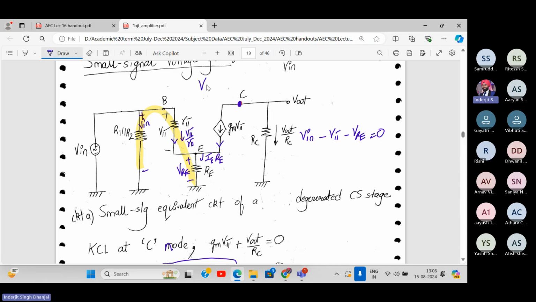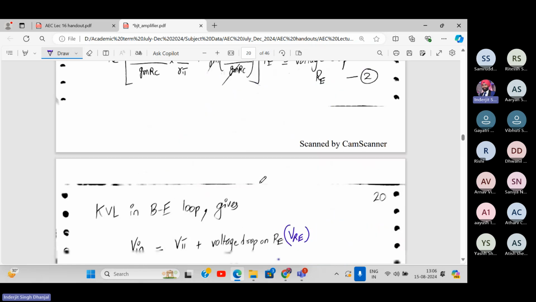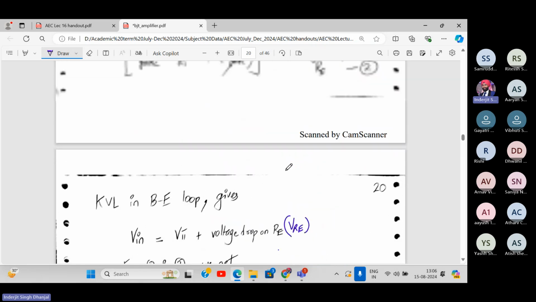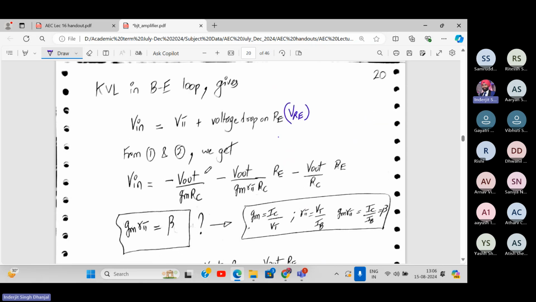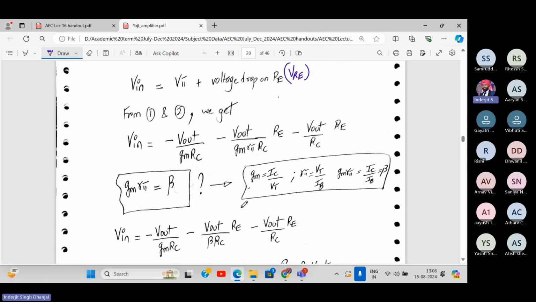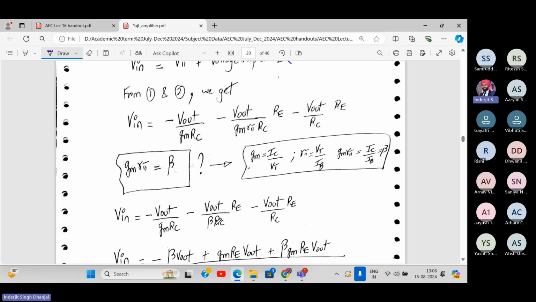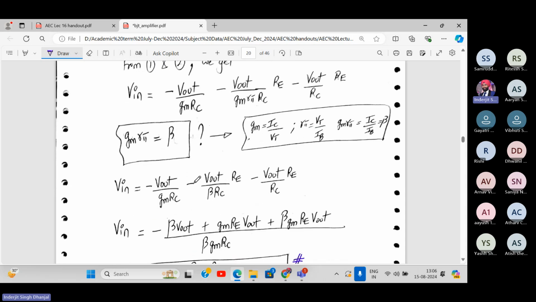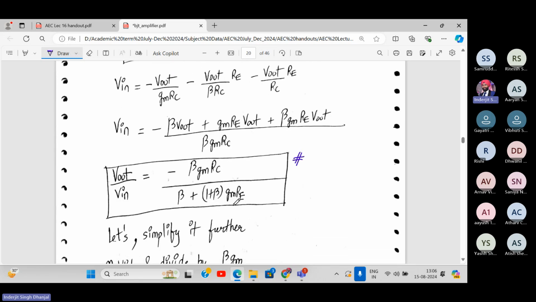VRE is the voltage drop across RE, which is equation number 2. So you substitute the values over here. And what is beta? gm into r pi. So substitute the value over here. So what you will get is this. Here you take the LCM, and finally you will get this formula.